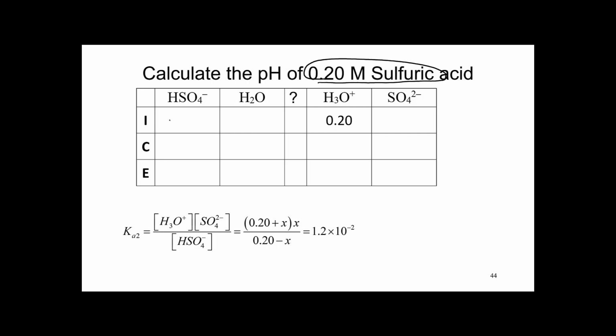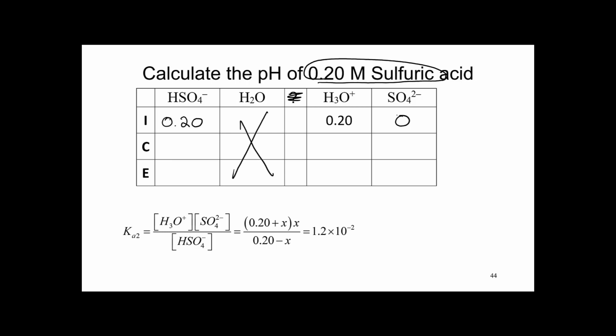So after that first ionization, I have 0.20 molar of hydrogen sulfate. Again, the water doesn't matter, and something happened to my equilibrium arrow, I don't know what. And then this is 0, okay? And the hydronium, I filled it in as 0.2, just like it was for mixtures of strong and weak acids.